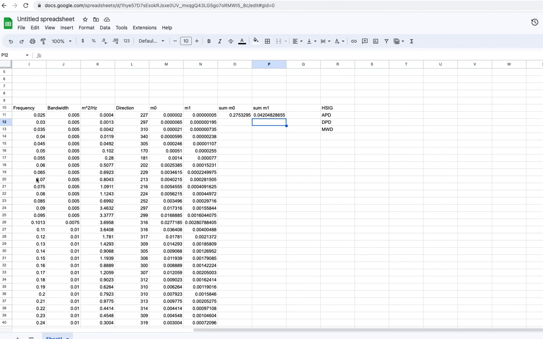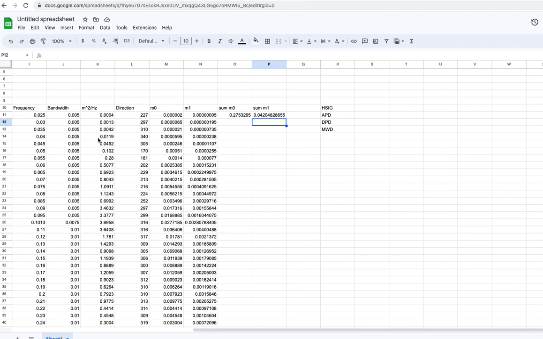And this is, again, one of the benefits of working with the variance as opposed to the average amplitude. There are two reasons for that. Number one, the energy of a wave is proportional to the amplitude squared.